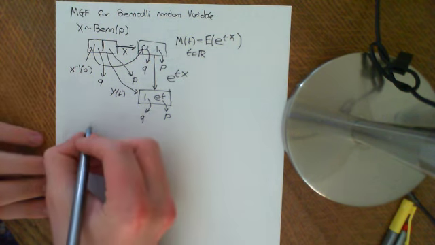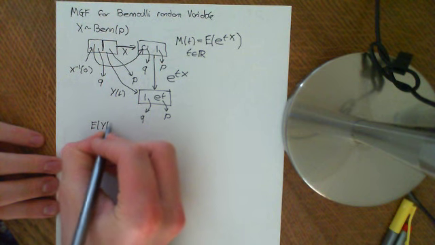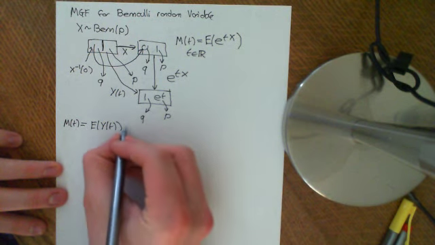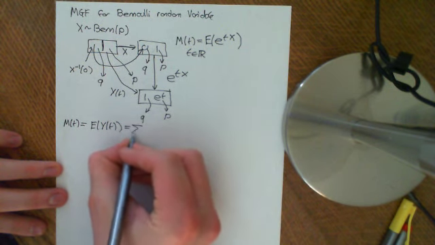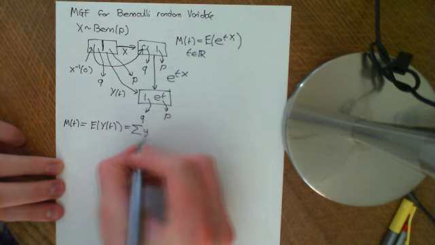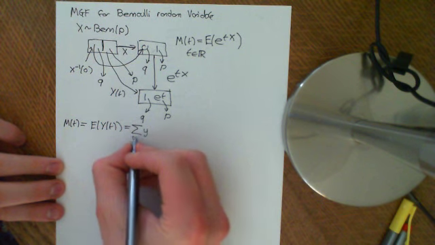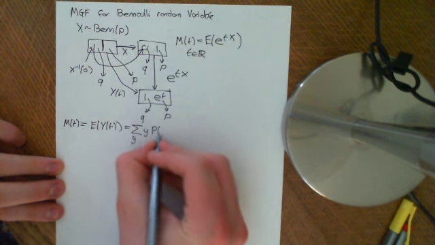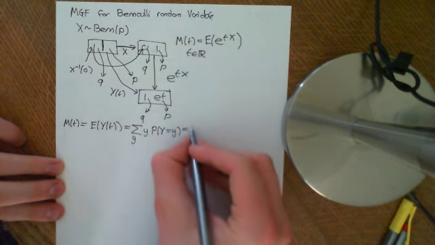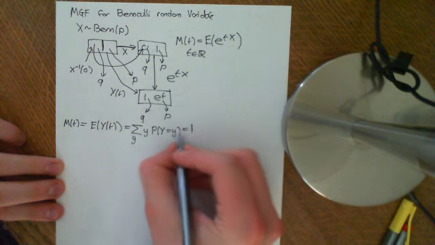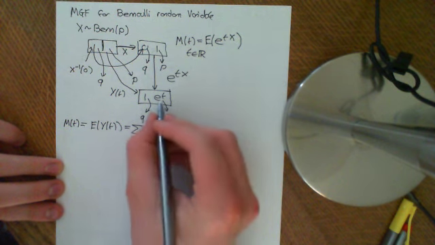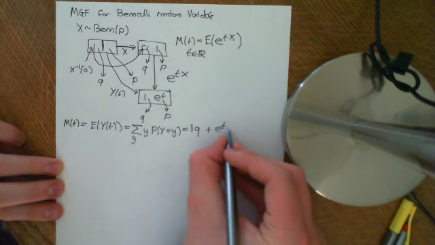So now what we want to do is work out the expected value of this new random variable Y(t), which is going to be equal to our moment generating function as a function of t. Well, by definition, the expected value is the sum over every possible value that it can take on, of that value, let's say little y, times the probability that Y is equal to that little y. Well, this is equal to the first possible value, 1, times the probability that it's equal to that, which is q, plus the second possibility, e to the t, times the probability that it takes on that, which is p.